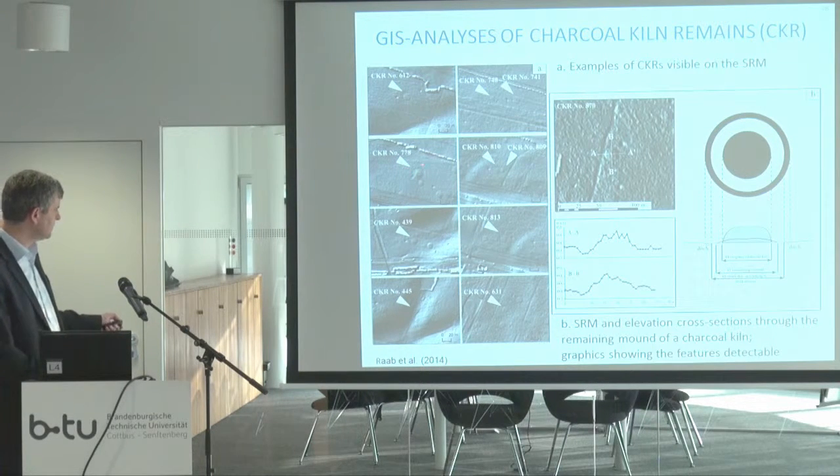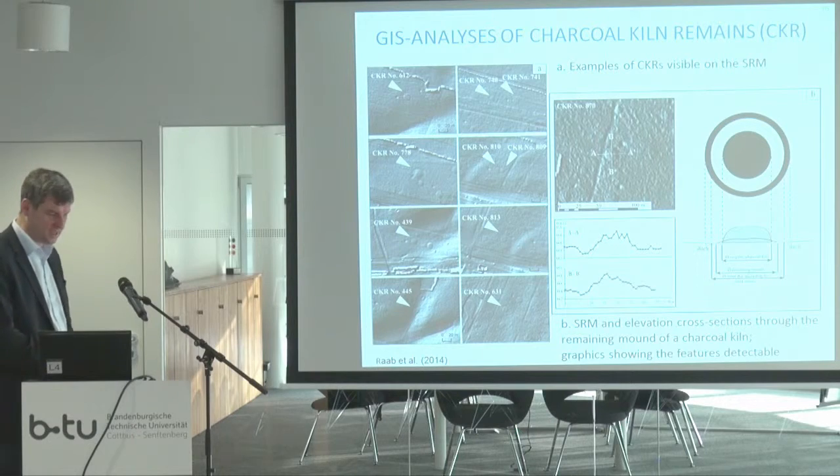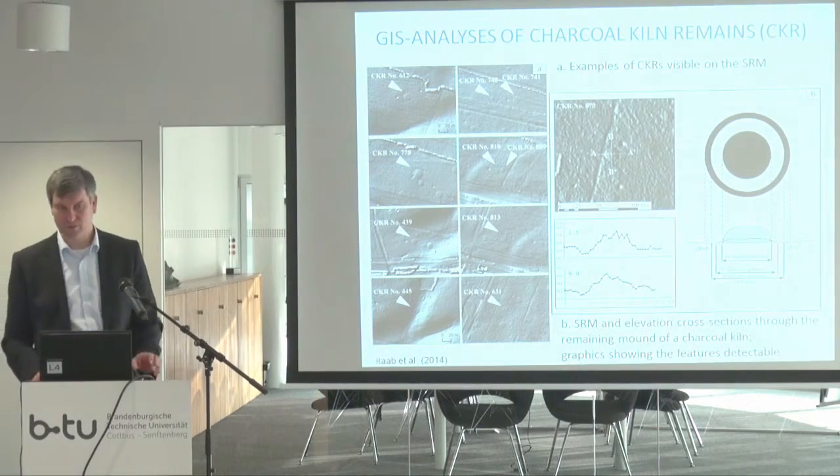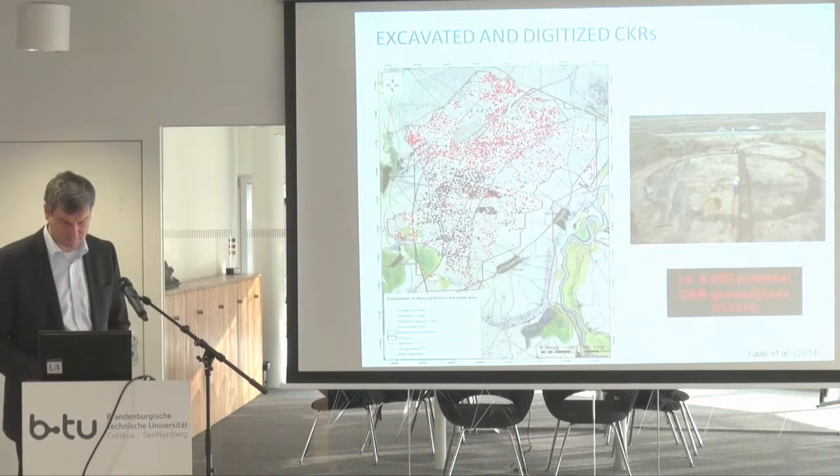As a result, in these SRM images, you find all over these circular structures, yeah? Here and here, here and here and here, which can be identified as former charcoal kilns. So what we then call charcoal kiln remains.